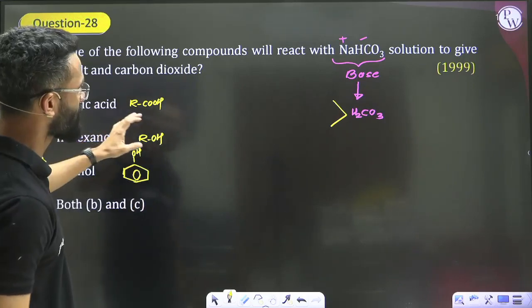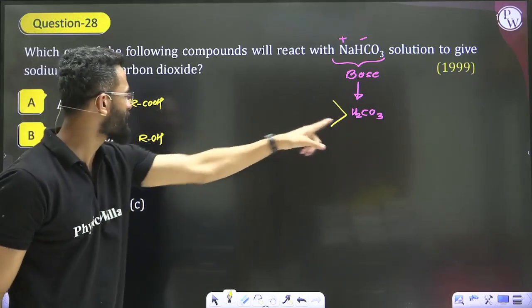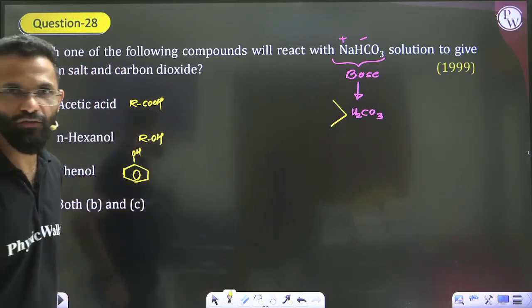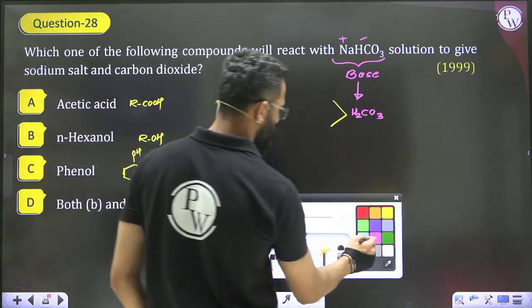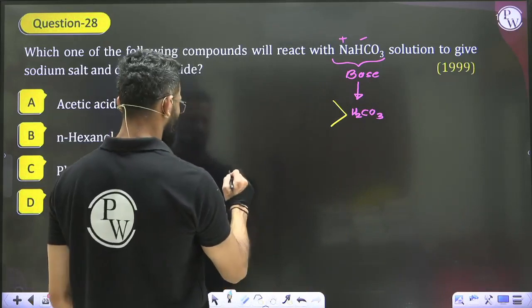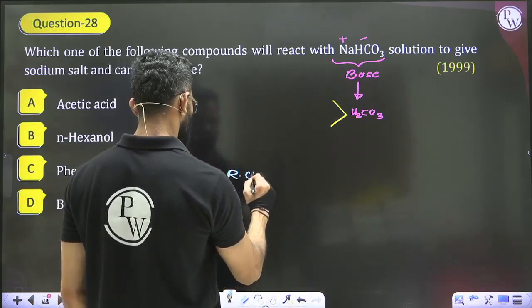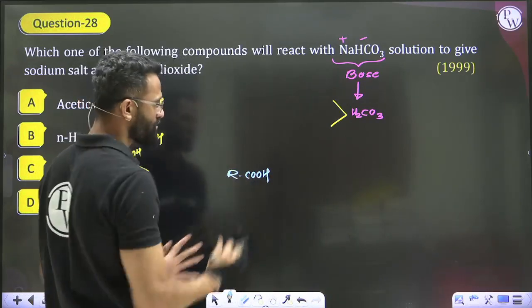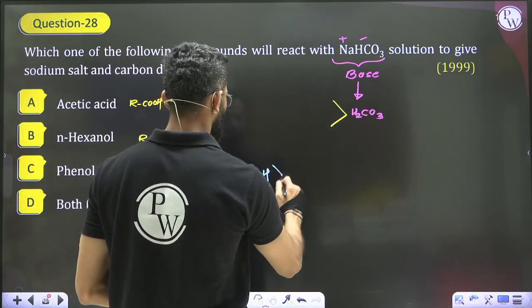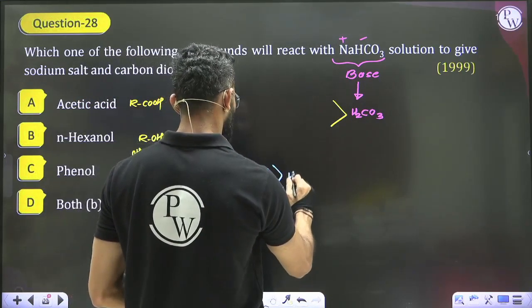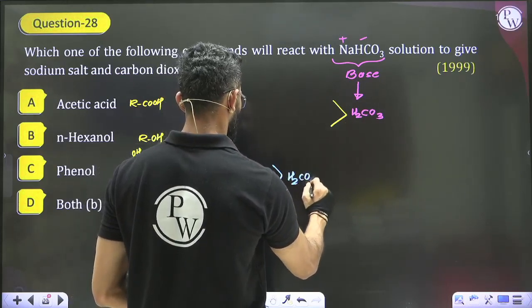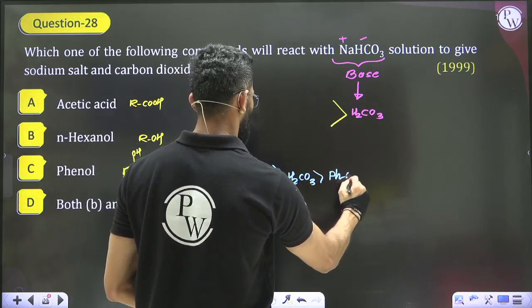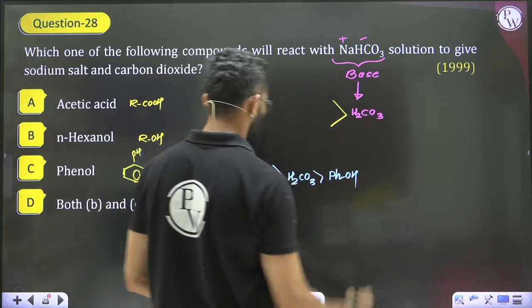So among these four acids, carbonic acid, carboxylic acid, alcohol and phenol, if you find out their order of acidic strength, then the strongest acid among all this is carboxylic acid. Among these four I'm talking about. In between there could be some others as well. After carboxylic acid, next is carbonic acid. Then comes phenol. And then comes alcohol.